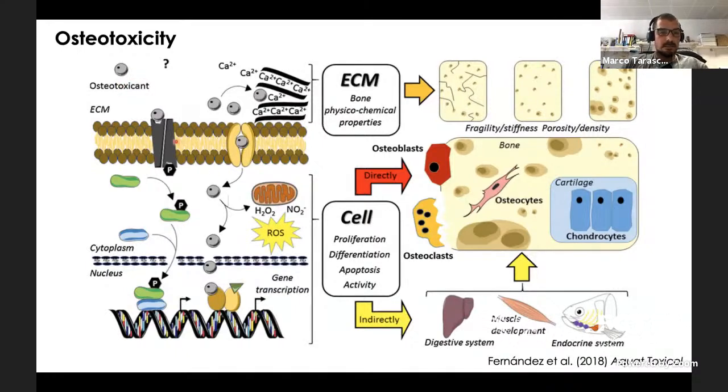I don't have the time to go deeply into each molecular pathway, but we need to keep in mind for today that osteotoxicants will lead to several problems, such as modifying the structure of the extracellular matrix, or impacting cell proliferation and differentiation, doing it directly on the osteoblasts or osteoclasts, for example, or of course also indirectly from other organs.